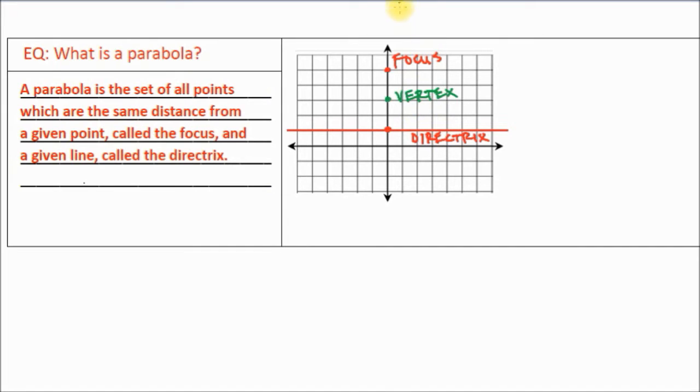Now I'm going to attempt to show you how a parabola gets formed by finding all the points that are the same distance from the focus and directrix. Not sure how well this will work. It's going to be an estimate. So I'm going to draw a point somewhere around right here.